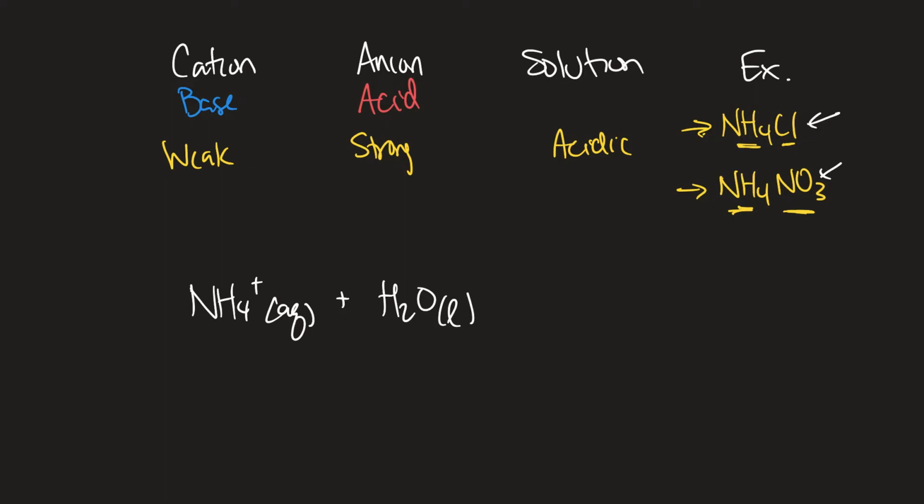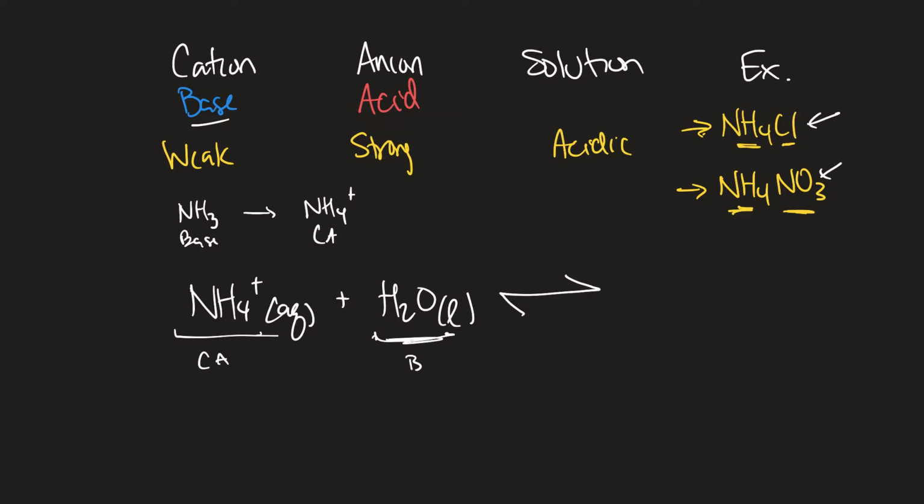This is the conjugate acid of the base NH3, because remember, we said the base was NH3. So if that's your base, then NH4 plus is going to be your conjugate acid. Ultimately, this is going to act like an acid.